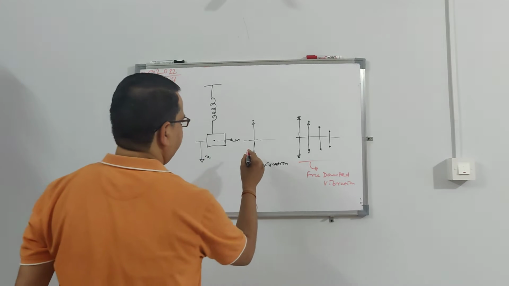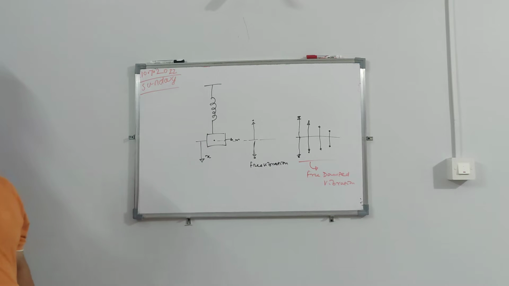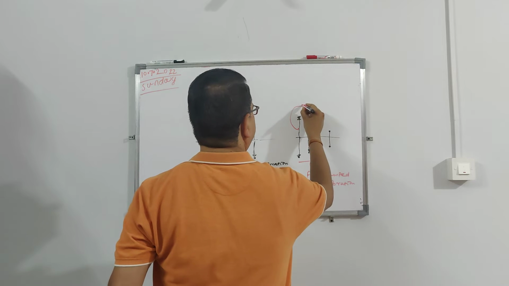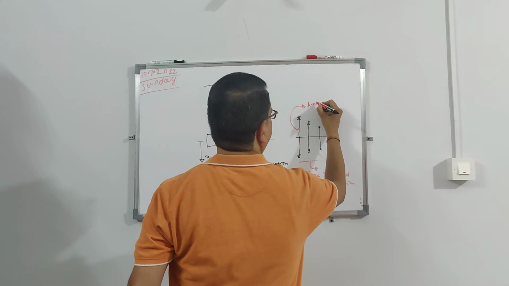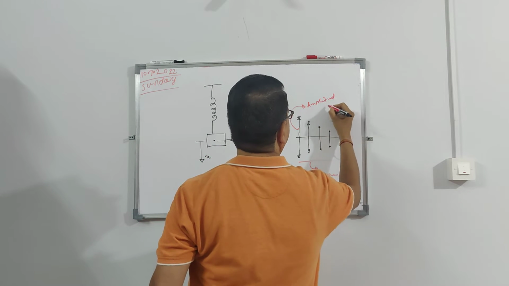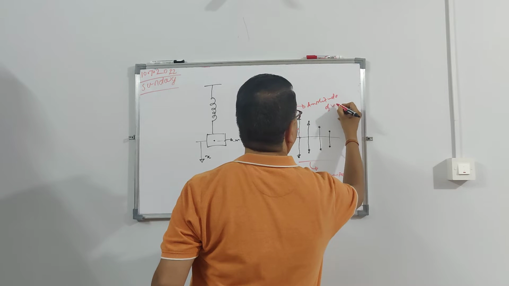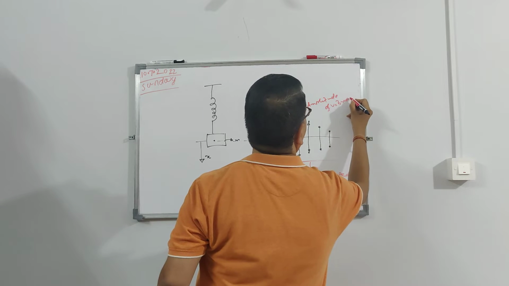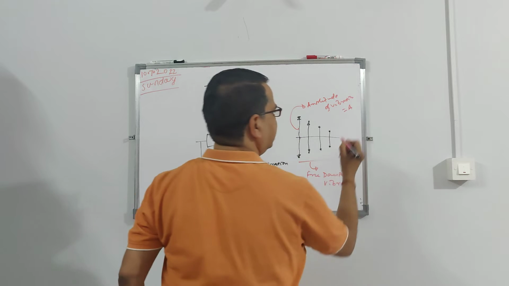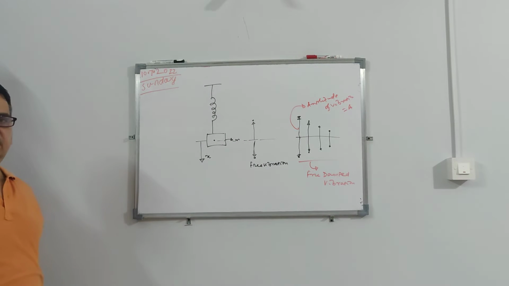So what is amplitude? Amplitude is the maximum displacement from the mean position. So this value is your amplitude of vibration, which we normally denote as A.